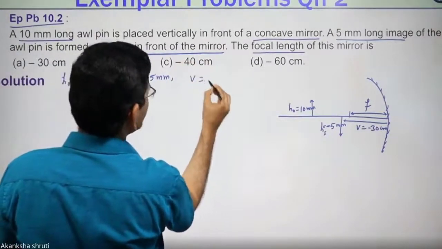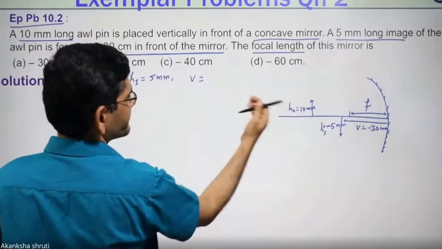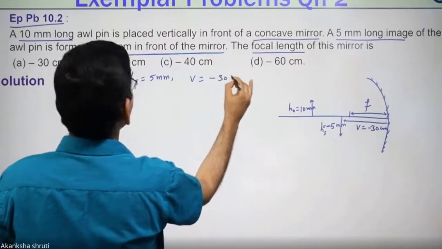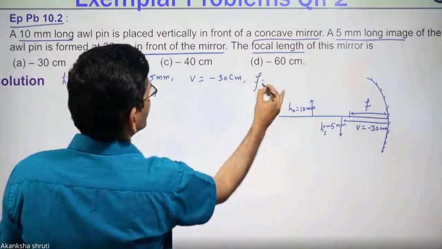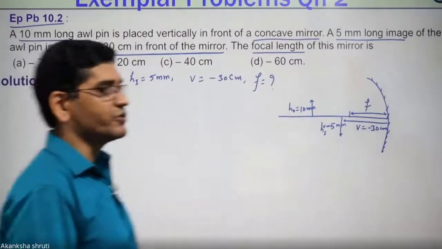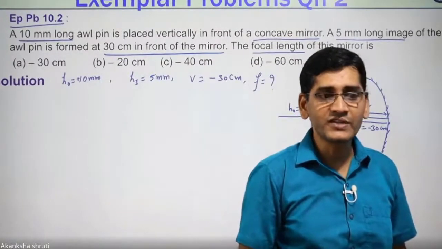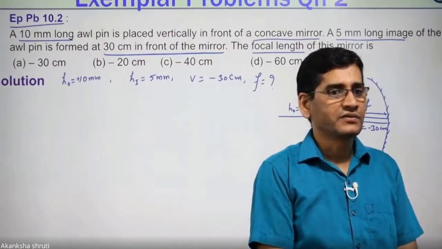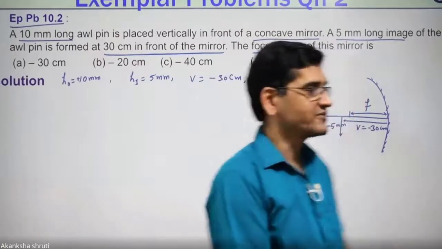So V is, it is a concave mirror, so image is the real one, it is given in the front, so this has to be taken as minus of 30 centimeter. Then we have to find the focal length is equals to what? In this case, we are not given U, we are given something else. Then how to find? So first you shall try to find U, means object distance, then only we can apply the mirror formula. Okay, so very good question.